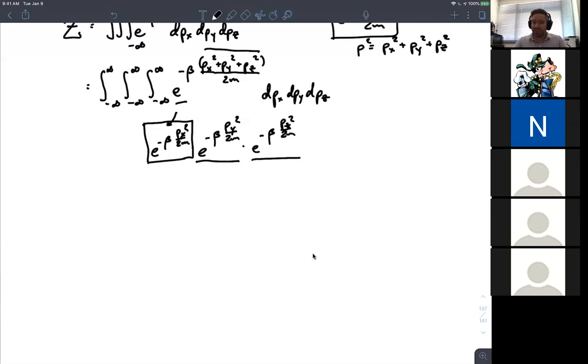But you go look up how you evaluate a Gaussian integral, and what you will get is this: 2 pi times mass times Boltzmann constant times the temperature, to the 3/2. So that is the answer.